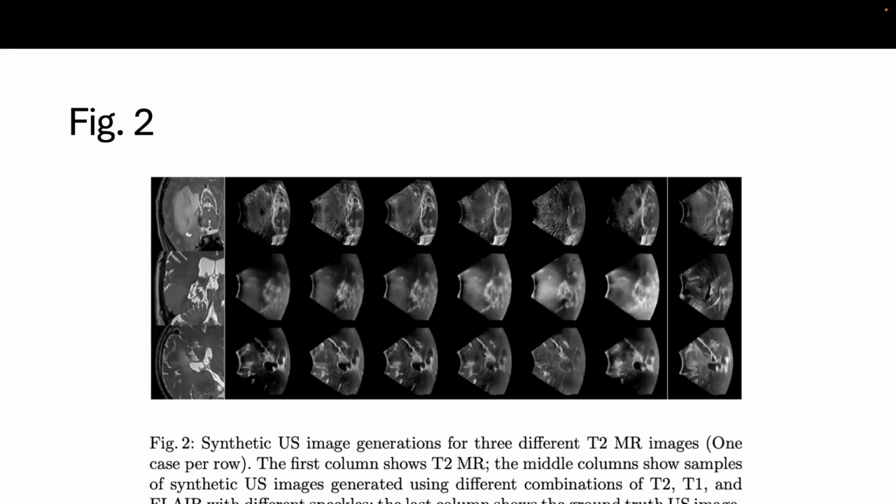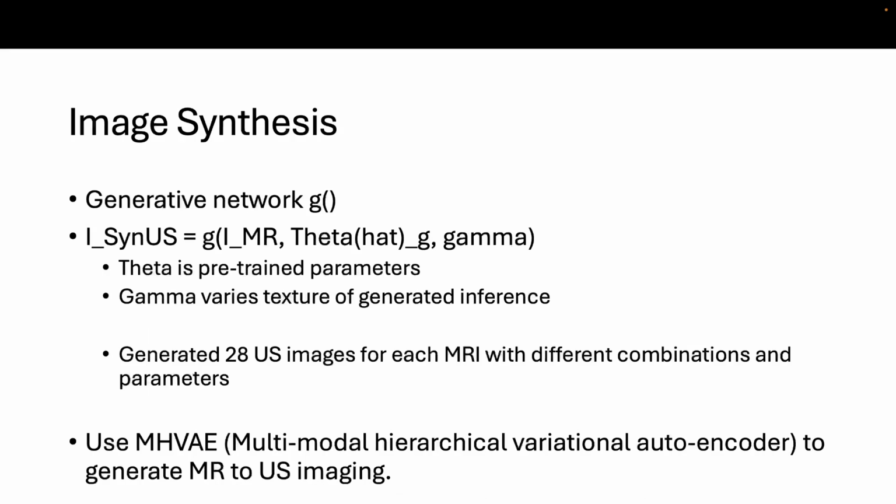So you can see here in the middle section there's a lot of different variations. Some of them are brighter than others, but the left and right columns are the real data collected from a patient, like a real person. And everything in between is a generated sample from their synthesized models.